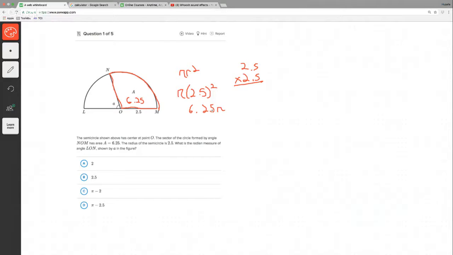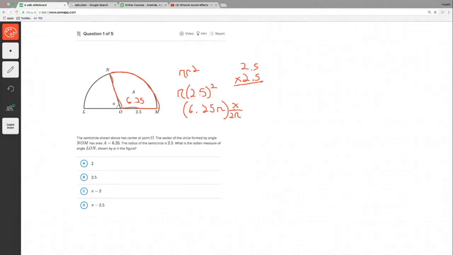So basically, first I'm going to calculate this angle NOM. I take the area of the entire circle and multiply it by the ratio of NOM, which we'll call x, over 2 pi.